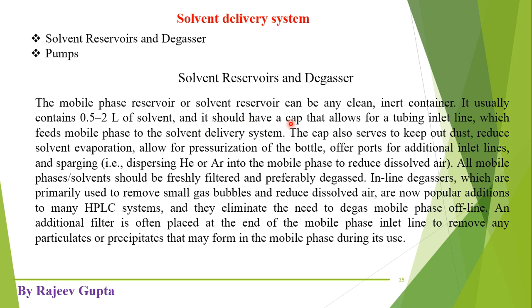So these solvent reservoirs should be completely airtight, and they contain a tubing inlet line over this cap which feeds mobile phase to the solvent delivery system. This tubing line feeds mobile phase or our solvents to the solvent delivery system or to the pumps.